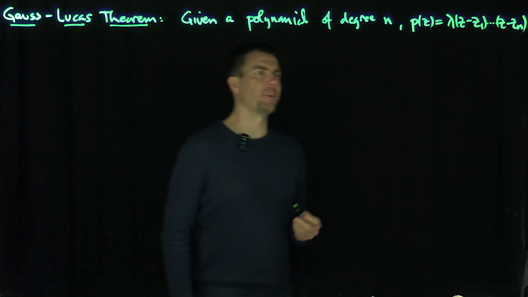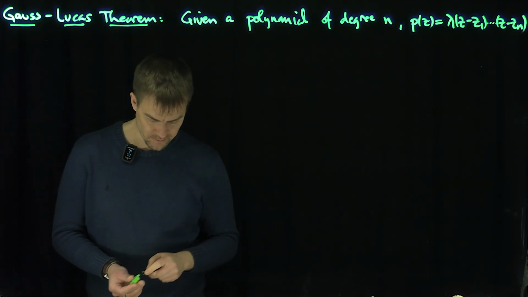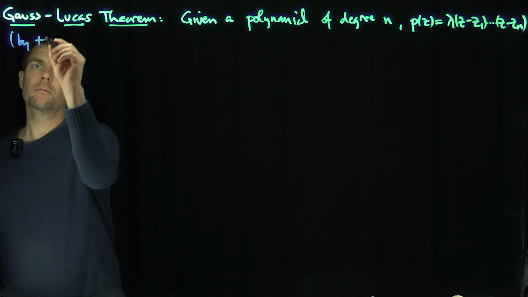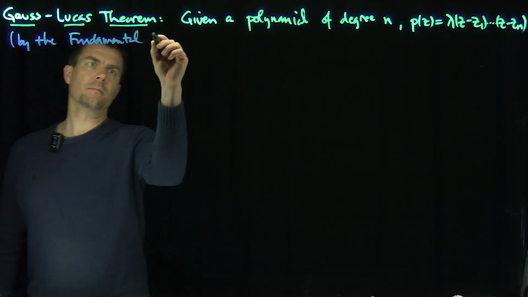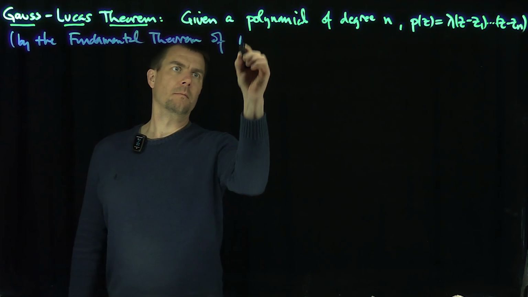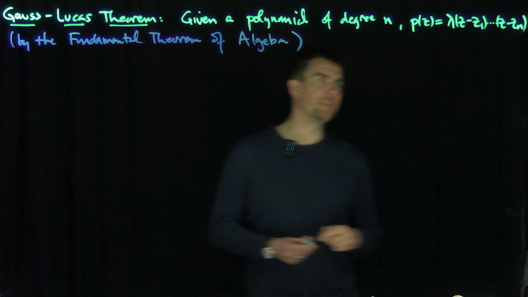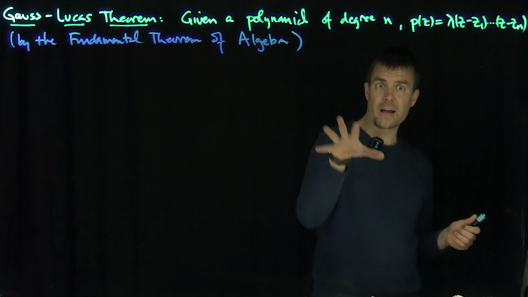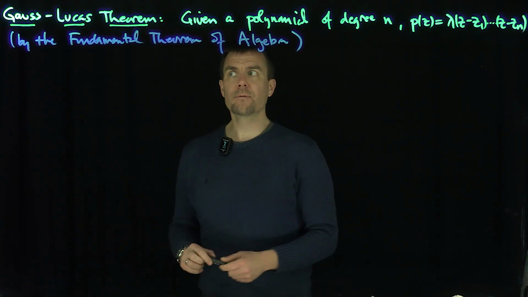So in other words, I can factor by the fundamental theorem of algebra. I write the polynomial as lambda times (z minus z1)(z minus z2)(z minus z3) through (z minus zn), where lambda is the leading coefficient. Easy enough. We're very comfortable with that idea.